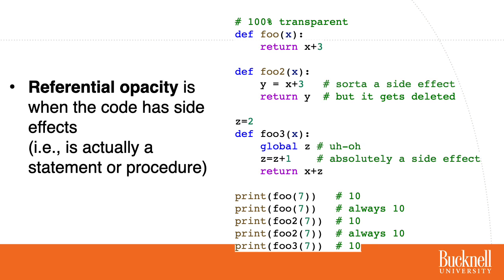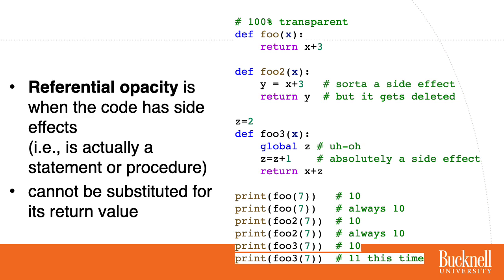Conversely, the first time we call foo3, we get 10, but the second time we call foo3, we get 11 because of the change in the state of the global variable z. As a result, foo3 cannot be substituted for its return value because the return value changes due to side effects.